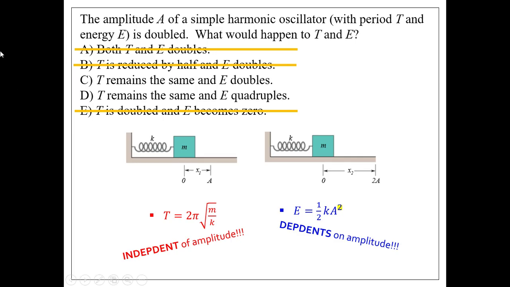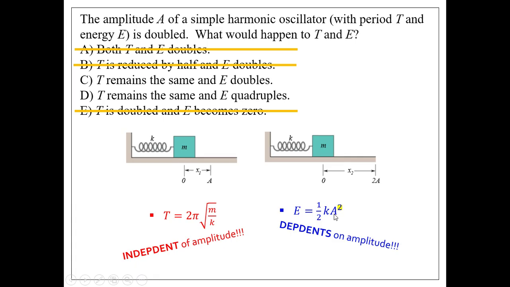Okay, so I know that T has to remain the same. So I'm going to read the second half of the statement. Choice C says T remains the same and E doubles. Well, if you understand that 1/2 k A squared, well, A is squared. I highlighted the exponent for you there. If you double A, doubling A would actually cause this particular E to quadruple, because 2 squared gives you 4, right? So it's not just the A that's being squared.